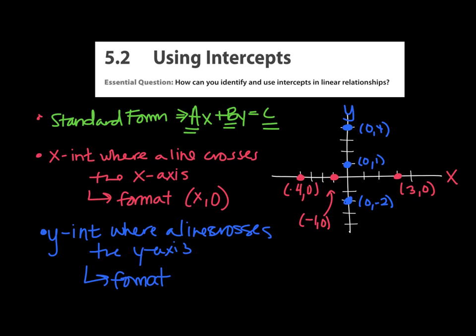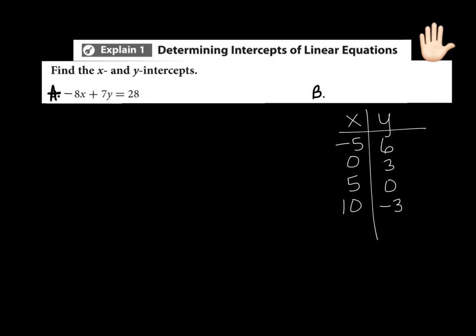It is written in the format 0, y, because on the x, it's not going any direction, right? All of these points, these 3 points on the y-axis are all on the y-axis, so it's 0, y.